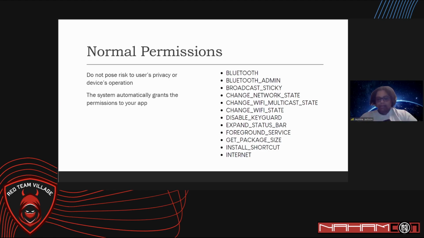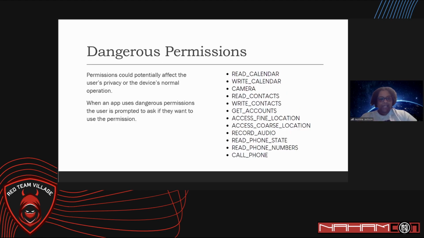Oh, yes, I approve you. No problems. So some examples of normal permissions are like Bluetooth, change network state, disable keyboard, get package size, internet. It's like, okay, we have decided these are normal permissions that are not here to hurt. So yes, I approve.